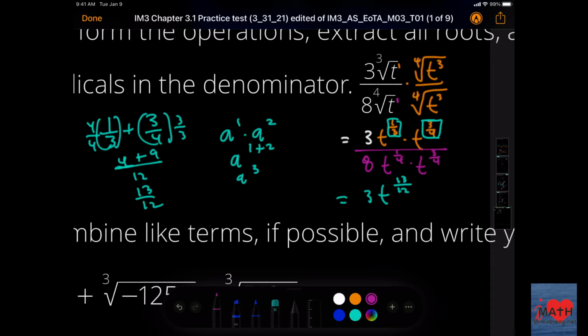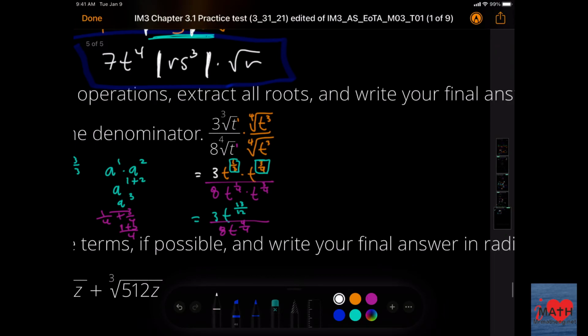Okay, in the denominator now, 1/4 plus 3/4, you should just see that you can add across, because you have the same denominator, 4/4, which is just 1. So let's go over here and now simplify. I have 3t to the 13/12. How would you simplify that one?